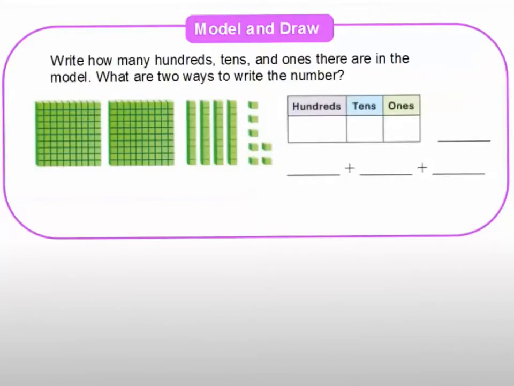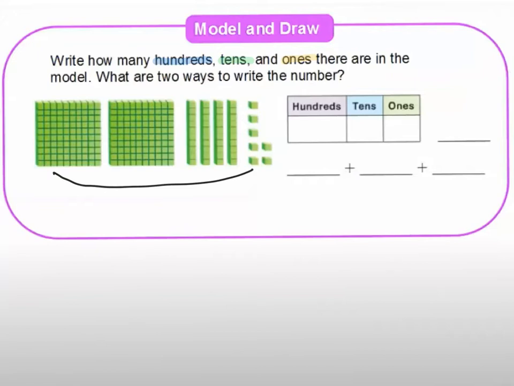Go ahead and look at the next page, page 70, the model and draw box. It says, write how many hundreds, tens, and ones there are in the model. What are 2 ways to write the number? So when it says model, it's talking about these base 10 blocks.